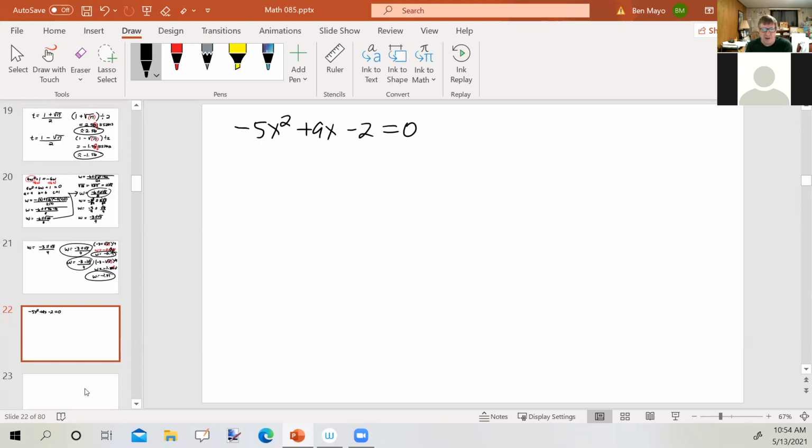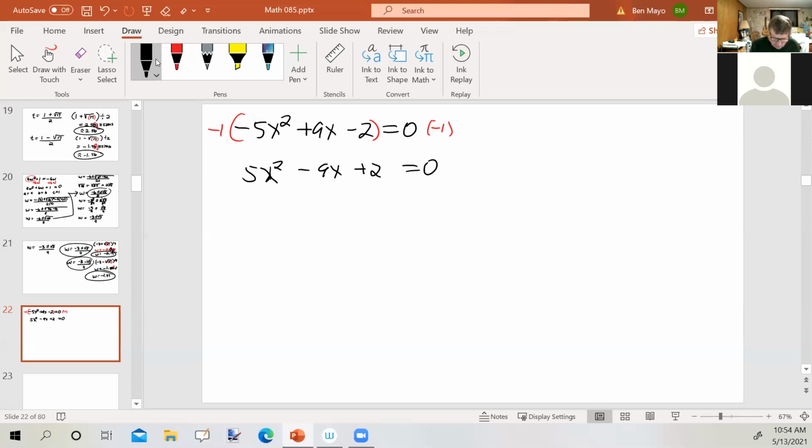Now I could just take everything on the left and move it over to the right side, and that would change it to a positive 5x squared. But the other thing I could do, which would work equally as well, would be to just multiply both sides by -1, which gives me 5x squared minus 9x plus 2 equals 0. Okay, so then A is 5, B is -9, and C is 2, and we could proceed from there. That's all I'm going to do with that one. The directions just say write it in an easier form to solve, but don't solve it.